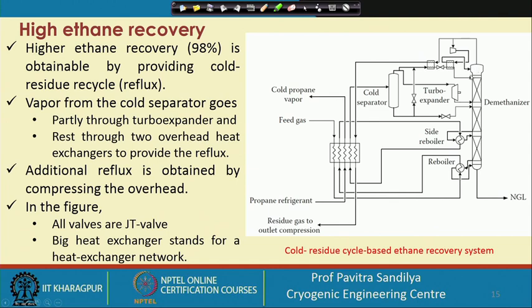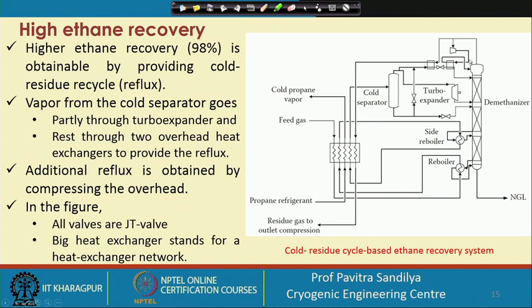So in this cold separator, the vapor which is coming out is again bifurcated. A part is going to the turbo expander and put into the demethanizer, and the rest of the part is taken to these two heat exchangers to a JT valve, and it is taken as one reflux. Another reflux is the vapor which is coming from the top, which is partly taken out through a heat exchanger to cool the incoming feed gas, and a part is again taken through this expander, and through this heat exchanger it goes as a reflux.